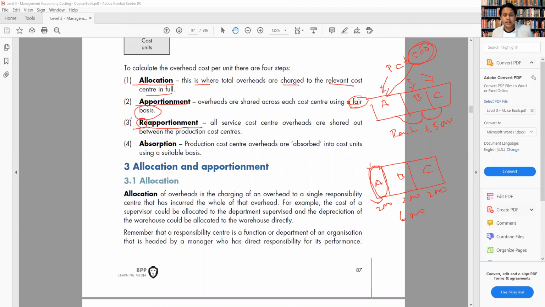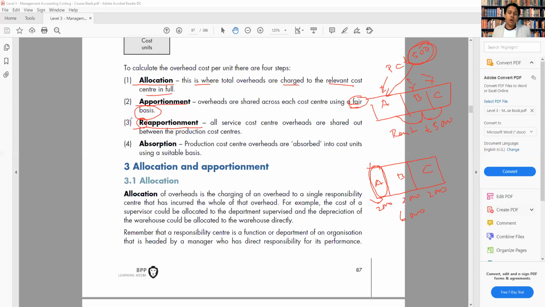Rather than giving £5,000 cash to the supplier, I deposit it to the bank, and from the bank I transfer it to the supplier. So first I apportion to the bank, and from the bank I reapportion to the supplier.